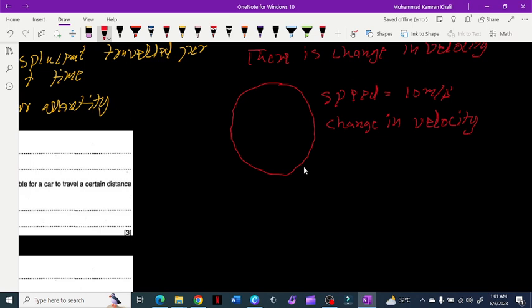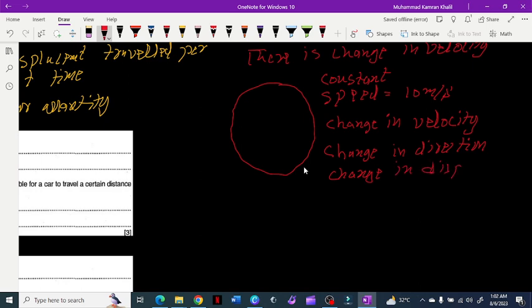I have said that with the constant speed, not the constant velocity. For the constant velocity, the object must travel in a straight line and with the same magnitude. But now in this case, there is change in direction. In circle, at every point, there is change in direction. So change in direction means there is change in displacement, and change in displacement is change in velocity.